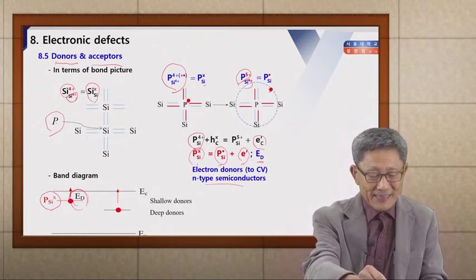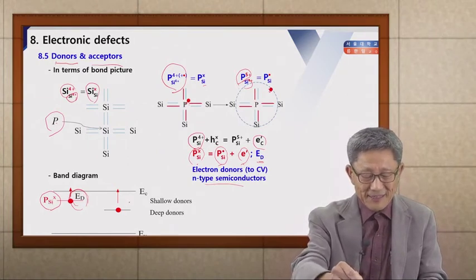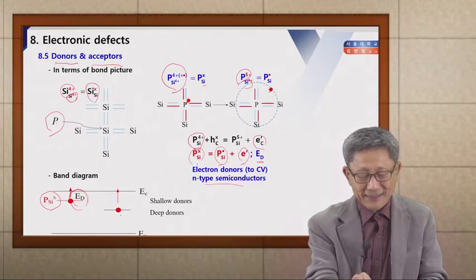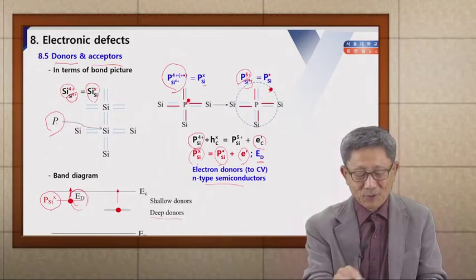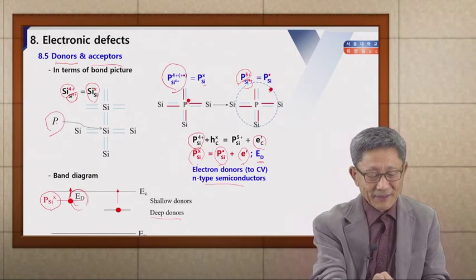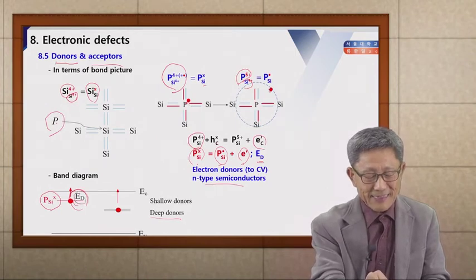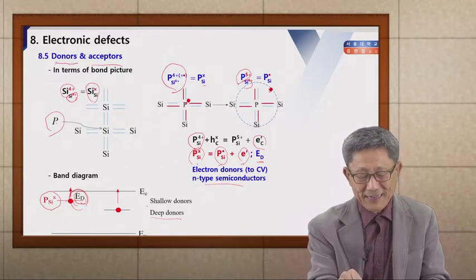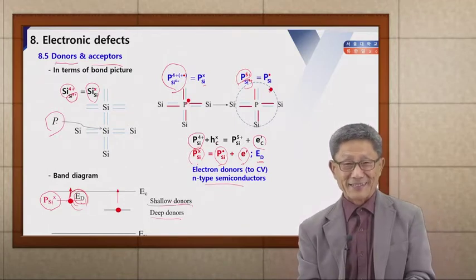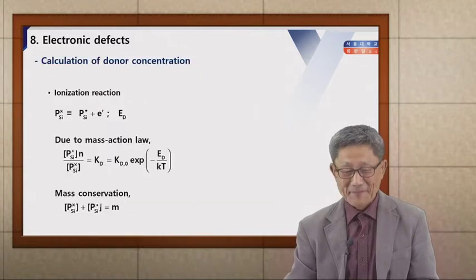If this energy is pretty large, in such a case, those impurities are called deep donors. And particularly when this energy is small, so this energy level is close to the conduction band edge, then it is called shallow donors. Quite simple, isn't it?